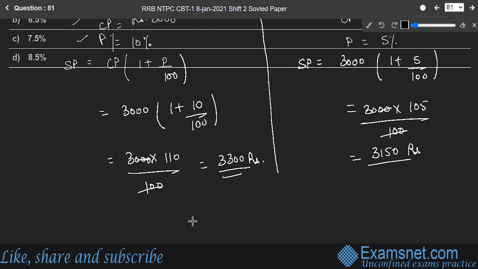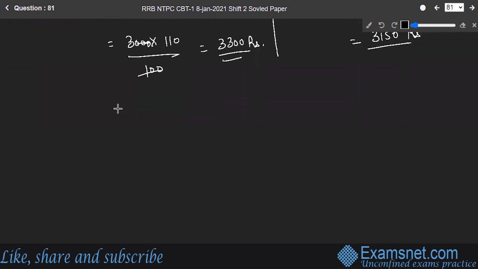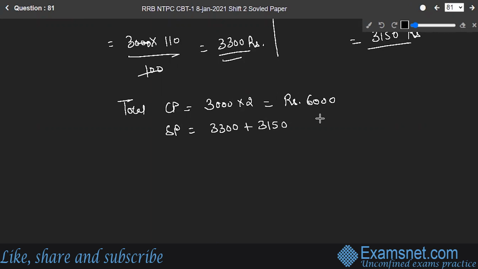So total cost price was equal to 3,000 into 2, that is equal to 6,000 only. And total selling price is 3,300 plus 3,150, which gives you, sorry, 6,450 rupees.